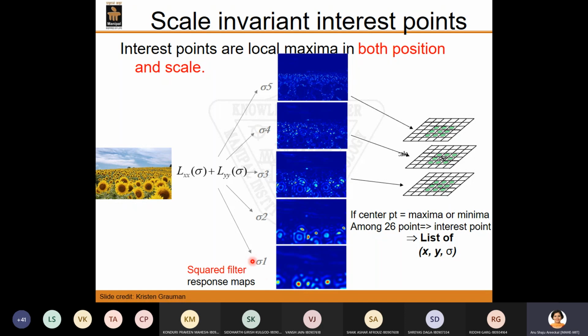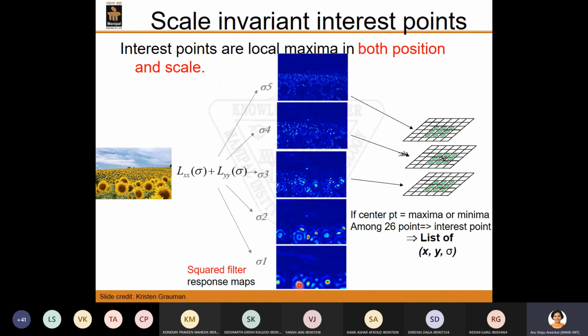So let's say sigma 1 is a large blob size of the Laplacian LOG detector. When I'm convolving with this particular image, I see that the LOG operator has the same diameter as the blob in this particular sunflower, and so I get a high intensity value in the output response.